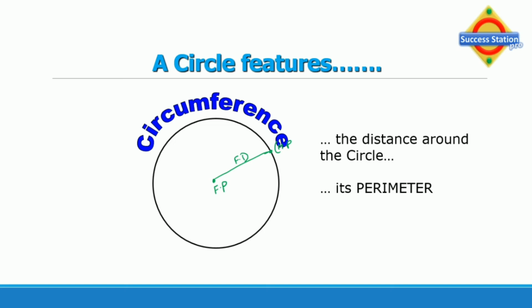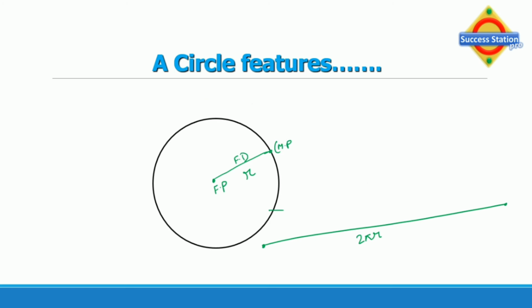Or you can say the length of the path covered by the moving point, or just the length of the circle as a whole. If you cut the circle from here, you will get a straight line. This straight line will have a length of 2 pi r, where r is obviously the radius, right? This is what the circumference of the circle is.